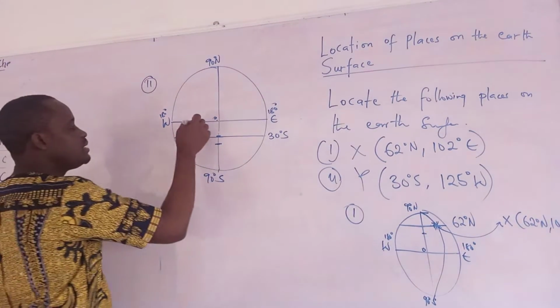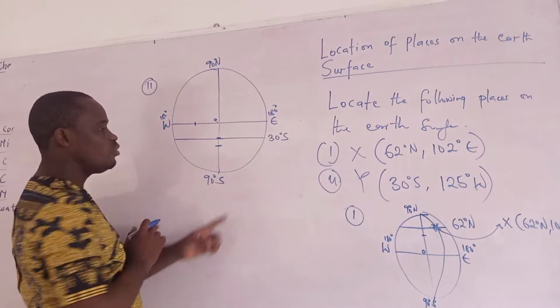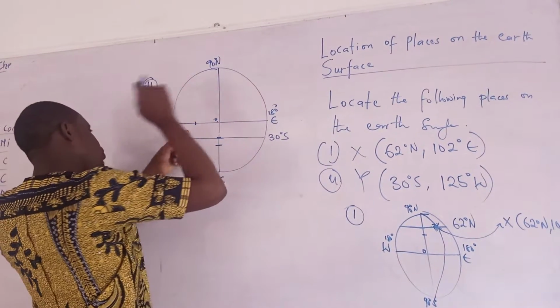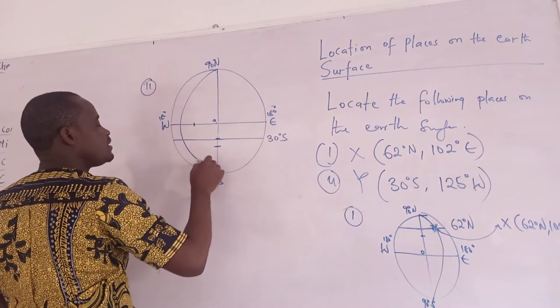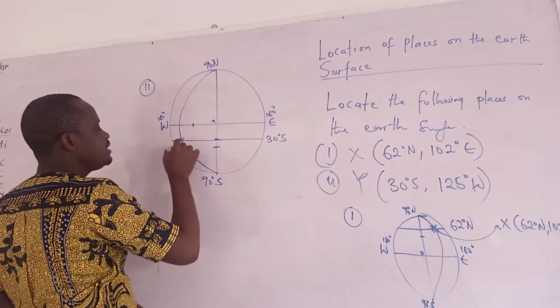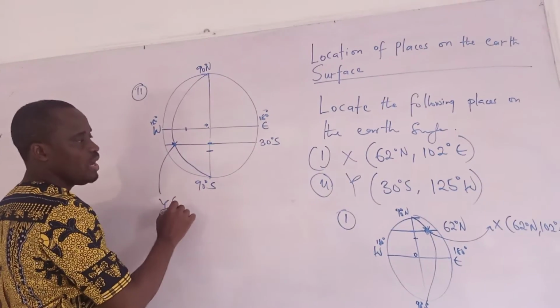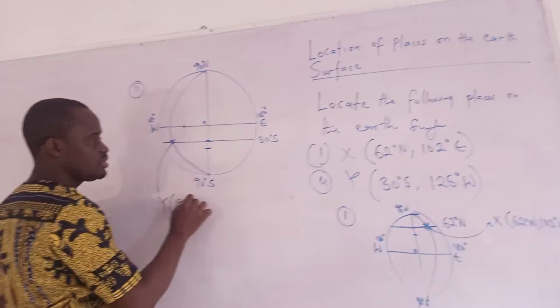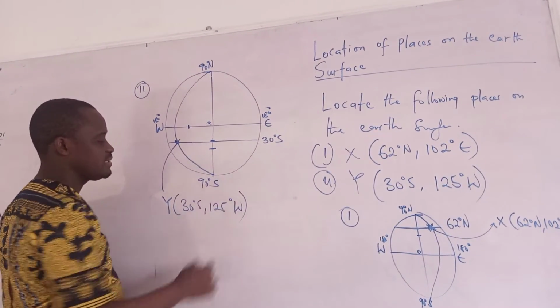Half of this again is 90, and since 125 is more than that, it will go ahead and come here. We draw this down. So from this, this is Y: 30 degrees south and 125 degrees west.